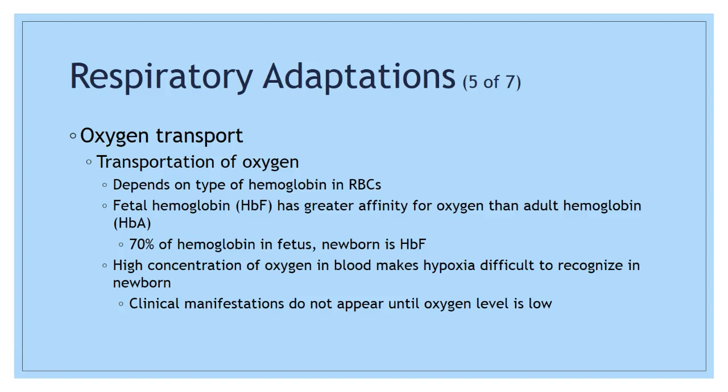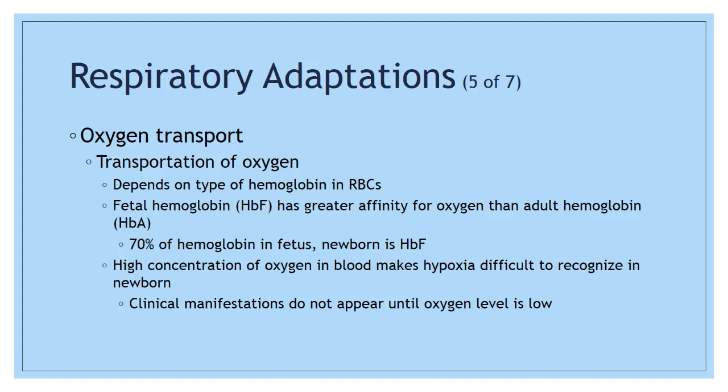Transportation of oxygen also occurs with respiratory adaptation, and has to sustain life. It depends on the type of hemoglobin in the red blood cells. So we have fetal hemoglobin, and that has a greater affinity for oxygen than adult hemoglobin. 70% of the hemoglobin in the newborn is fetal.